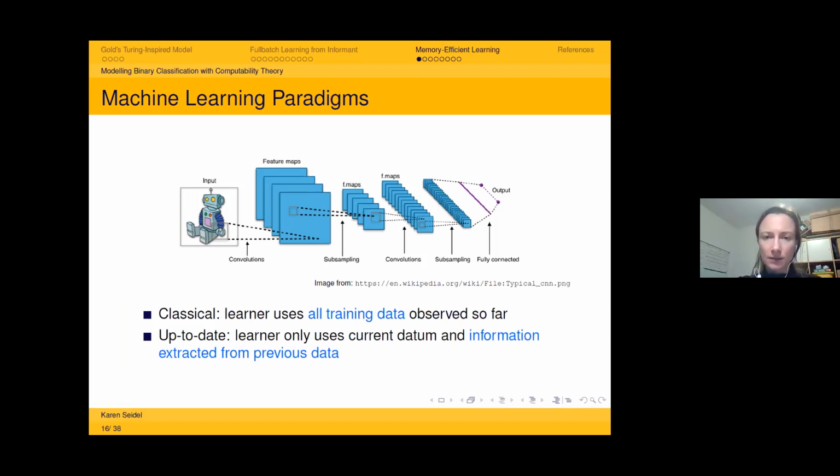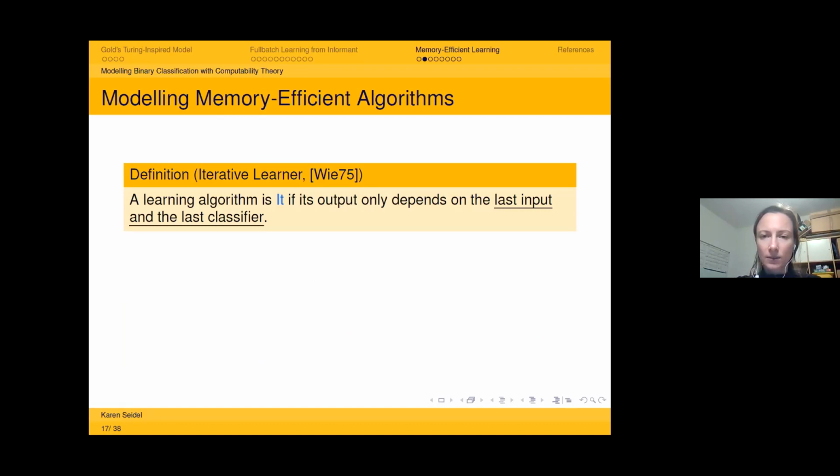And so these are the kind of machine learning algorithms that we try to model as well. And there are two approaches I want to talk about. The one approach is called iterative learning, introduced for example by Wiehagen in '75, and the learning algorithm is iterative if its output is only depending on the last classifier output and on the last input.